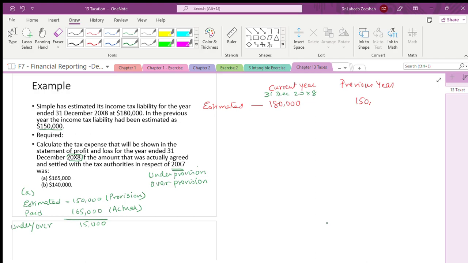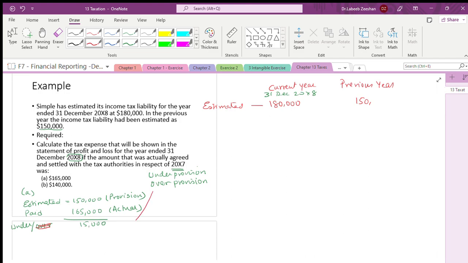When they have estimated 150, but they have paid more, it means what? It is an under provision.